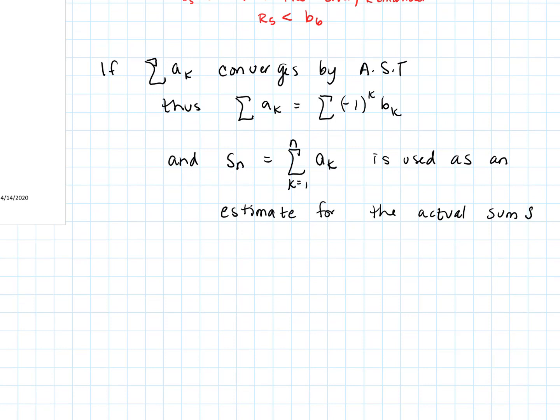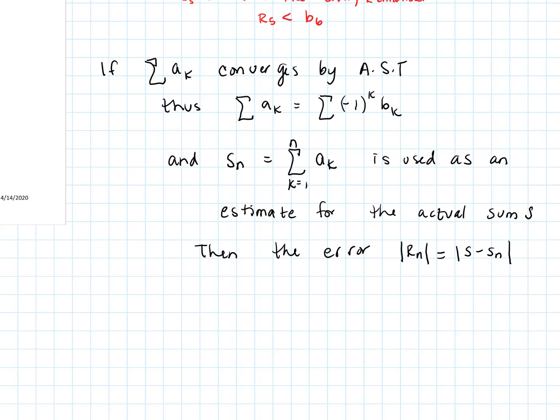Then the error, R sub n, which is just the difference, right?